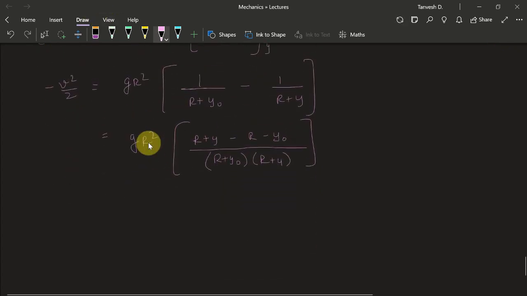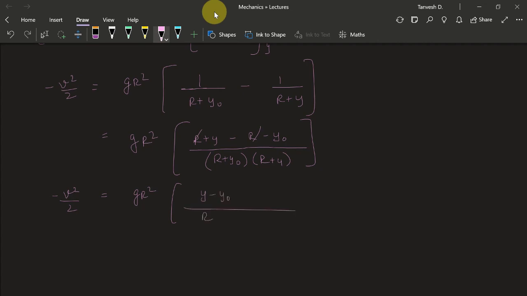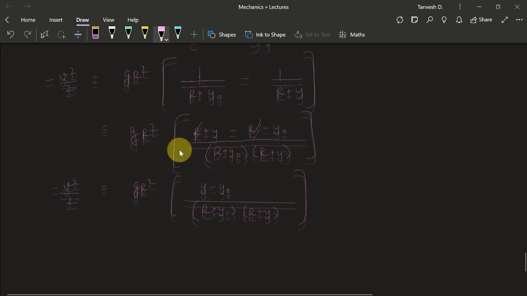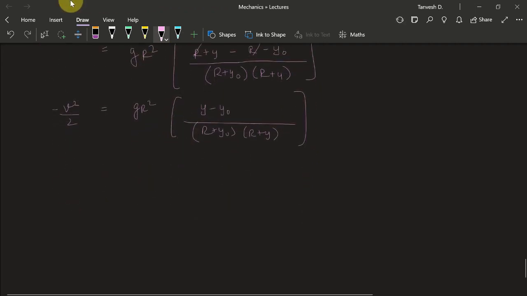So we will get minus v square by 2 is equal to gr square. This r will get cancelled, and it is y minus y0 upon r plus y0 into r plus y. To cancel out this negative sign, I'll interchange their positions, or basically let us say I'm multiplying both the sides by -1.